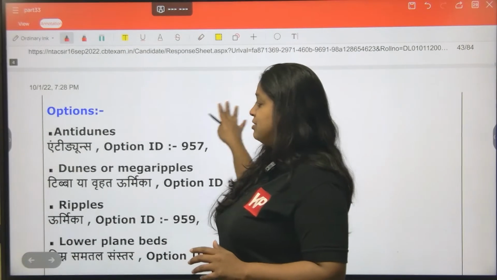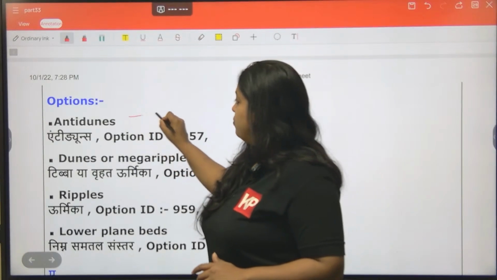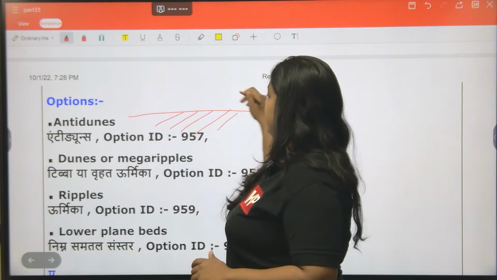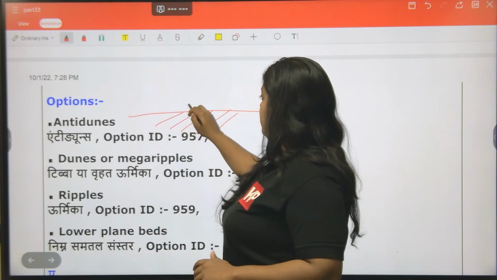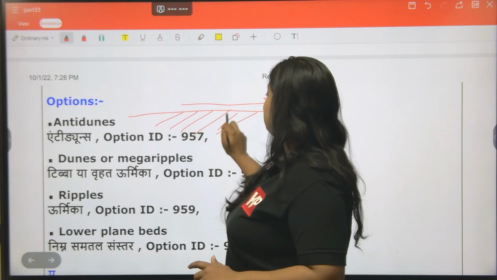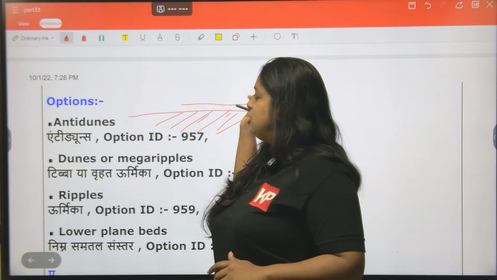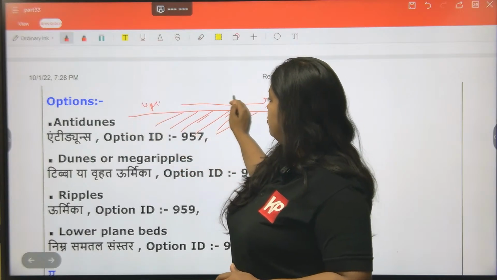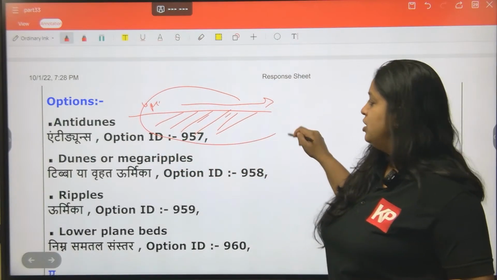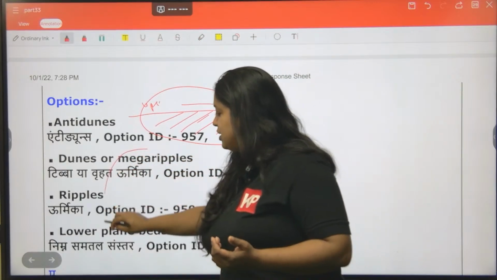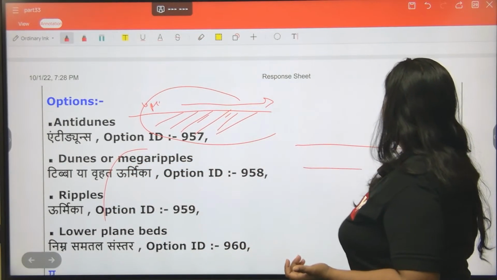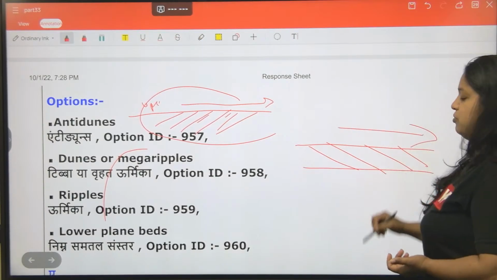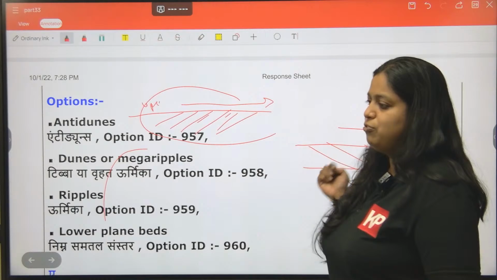When I discussed antidunes in class, I hope you remember that because of this high velocity situation, wave propagation speed is much lower, but velocity of water is higher. Hence the sediments will be migrating towards the upstream direction. This is what is called antidunes. Whereas in any other type of structures, the bedding sediments will always be migrating in the downstream direction, towards the direction of water flow.